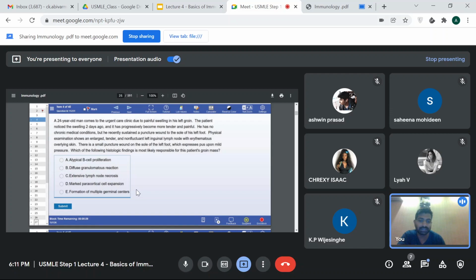As we saw before, when B cells start responding, they form primary follicles, and within them they have germinal centers. They refine antibody specificity and prime themselves towards the antigens. So within the lymph nodes, formation of multiple germinal centers is the correct answer.